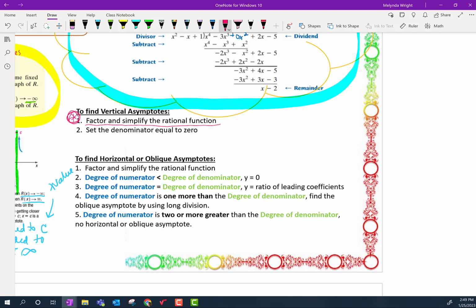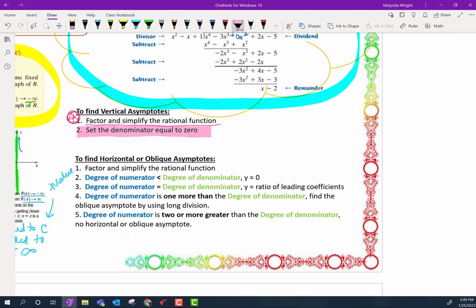The second thing that we would do is set the denominator equal to 0. And that's how we would find our vertical asymptote. We're going to practice that and find vertical asymptotes in just a moment. I'm going over the how-tos first, and then we'll do that.